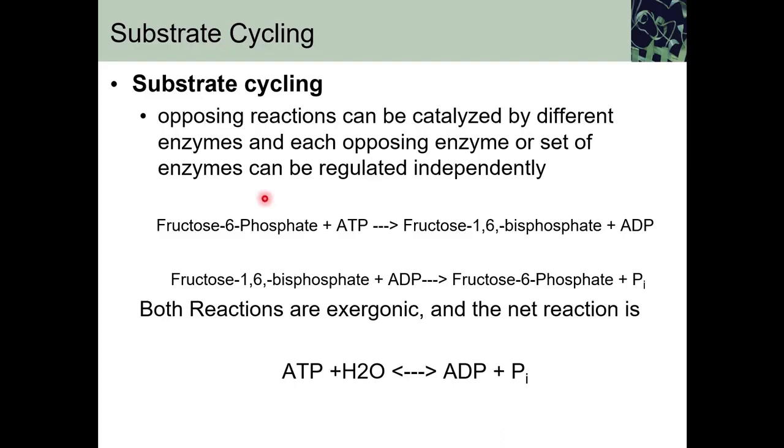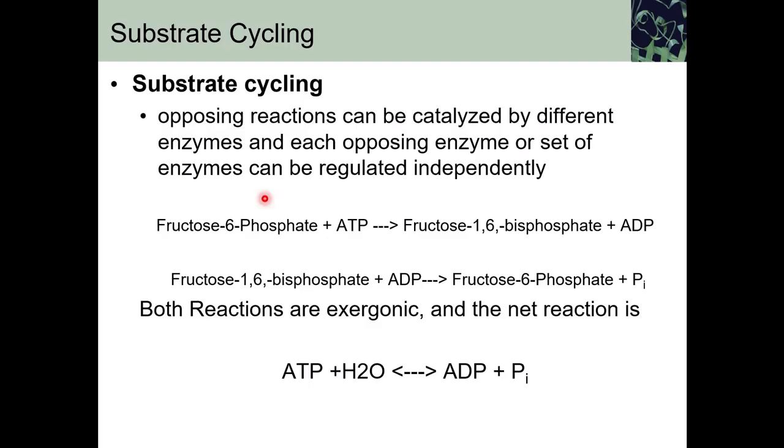We've seen that in the case of the formation of fructose 1,6 bisphosphate and its hydrolysis, right? The enzyme that catalyzes the conversion of fructose 6 phosphate to fructose 1,6 bisphosphate is phosphofructokinase.